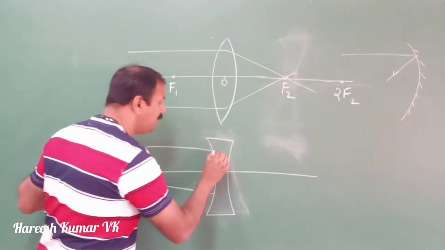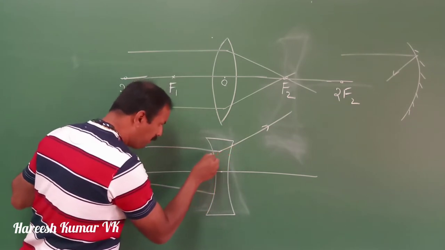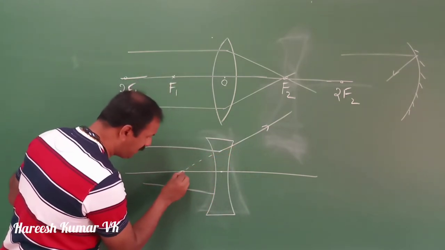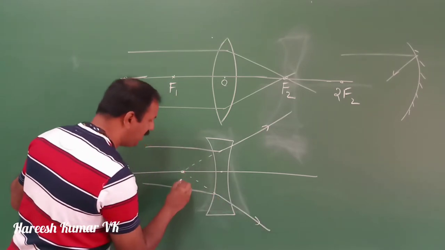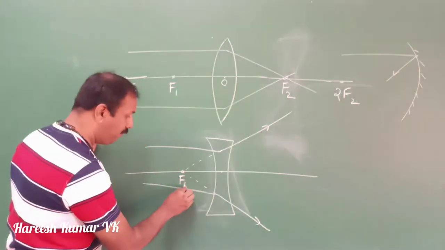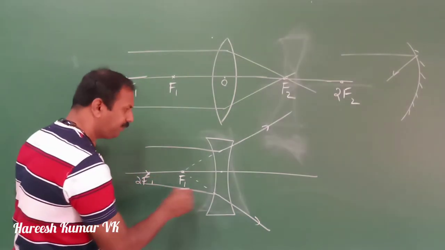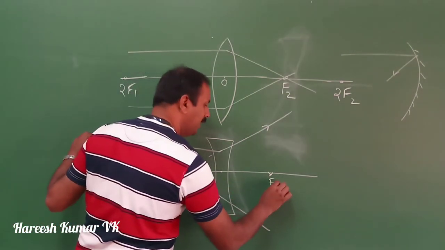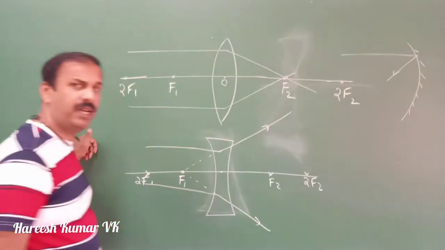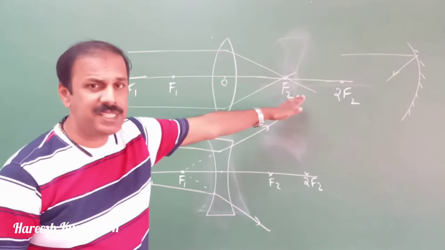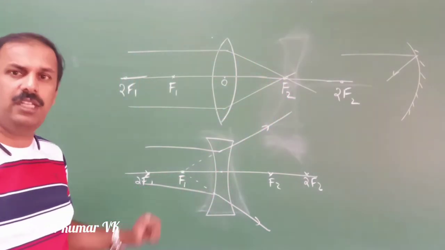It will diverge like this, as if it is coming from a point on the principal axis. This point is called the principal focus F1. Here we have 2F1. Here we have F2. Here we have 2F2. Now you see here, its principal focus is on that side, and here its principal focus is on this side. That difference is there.